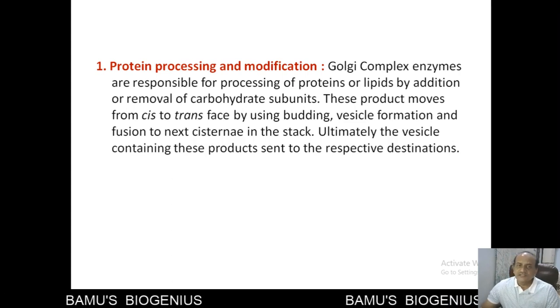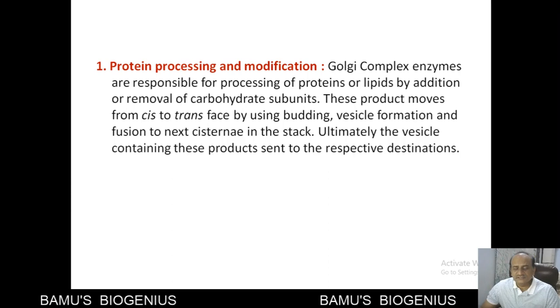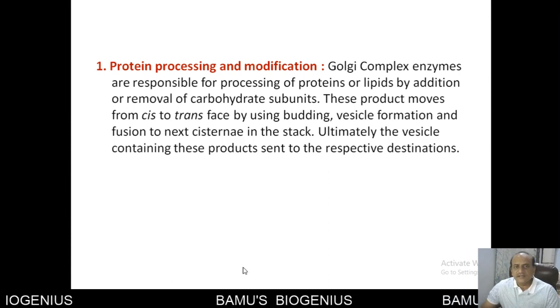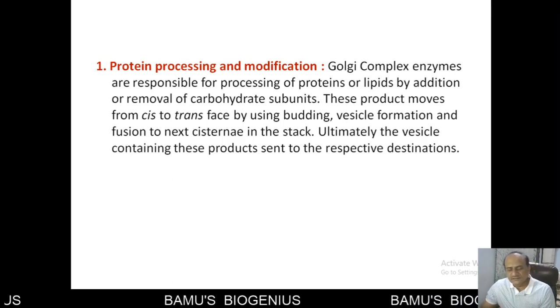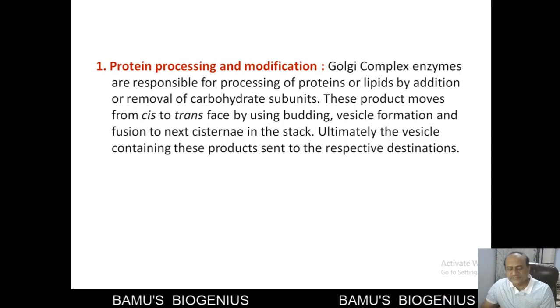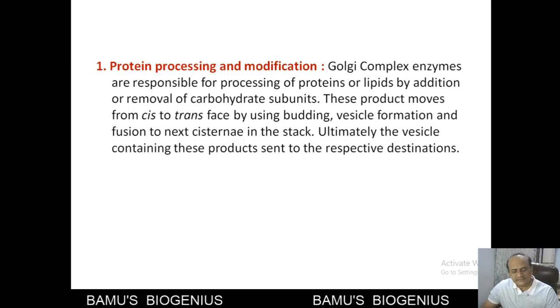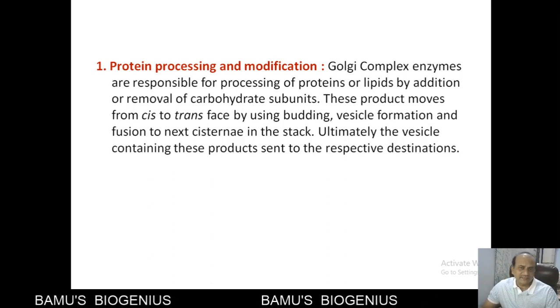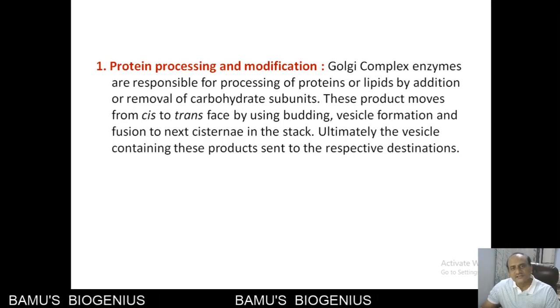Here a modification of certain kinds of proteins and lipids takes place. This modification or processing is by addition or removal of various kinds of carbohydrate molecules. Now, that may be monosaccharides, which are of different types. So the addition of these different kinds of monosaccharides on lipids and proteins is done in a Golgi complex.